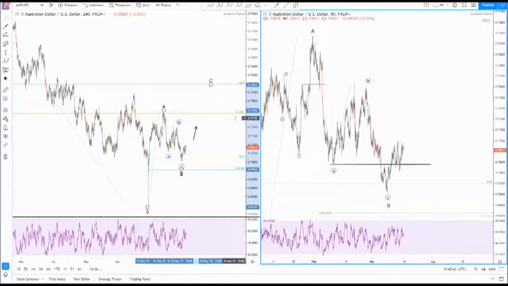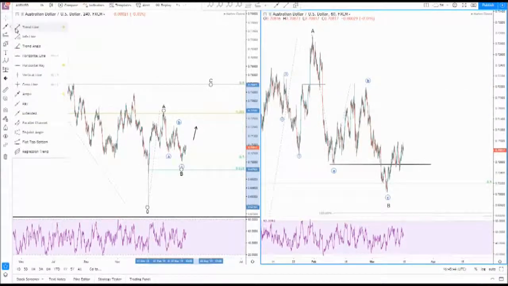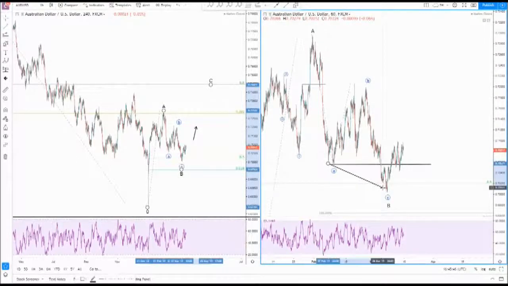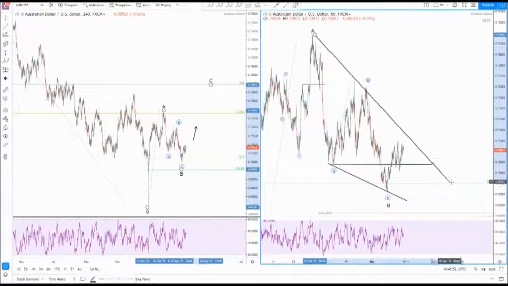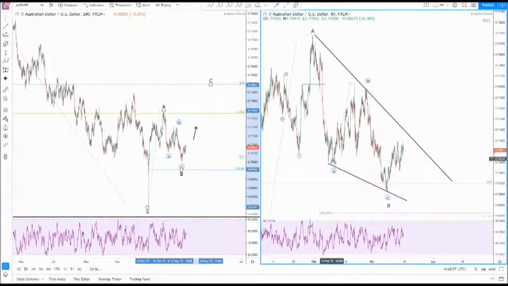So if I drew in a diagonal, let's just see. I presume it would probably work. Something like this. Now that is a wedge pattern. So it's possible that this isn't an ABC, and this isn't a wave B. The alternative would be a 5-wave move, probably a leading diagonal, could be an ending diagonal.